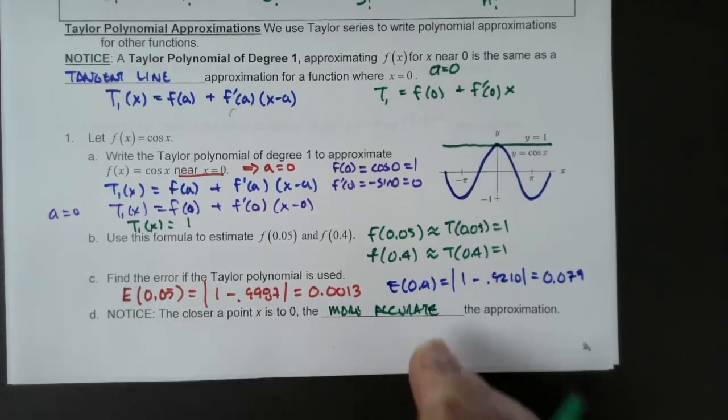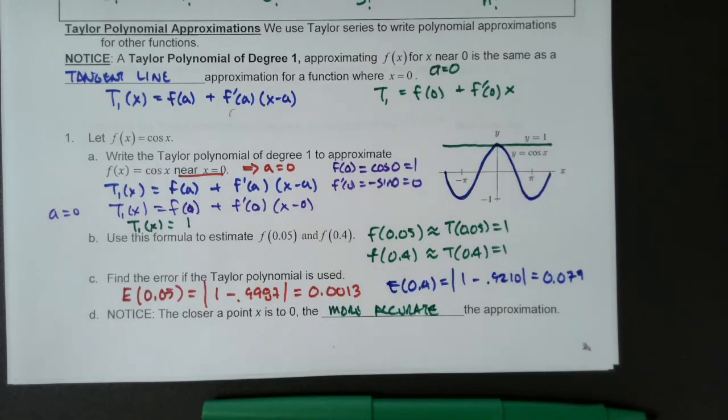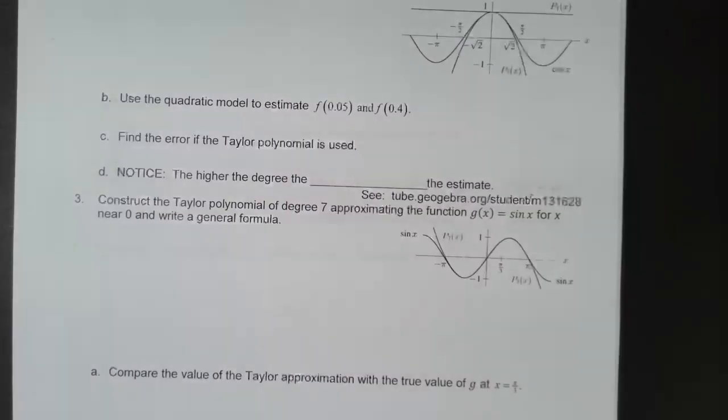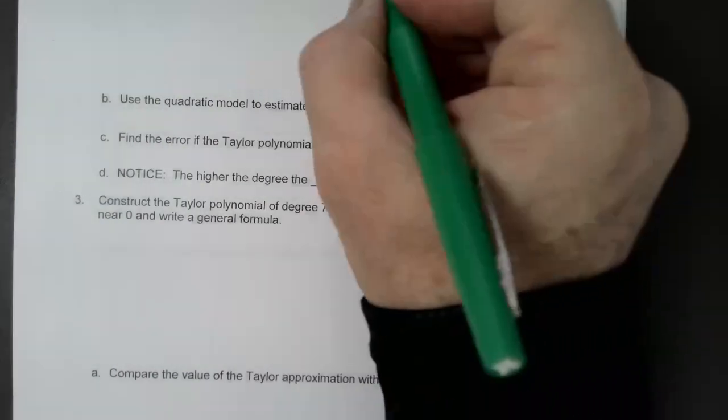So as long as we stay close to that center, we're going to get a good approximation for this. Let's jump out a little bit and do this one. Suppose we want a more accurate approximation for the cosine of x near 0. Instead of using that linear approximation, let's do a quadratic.